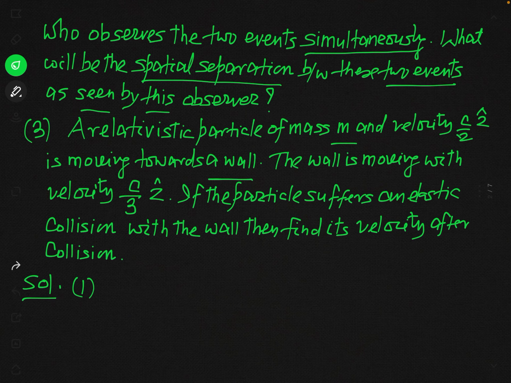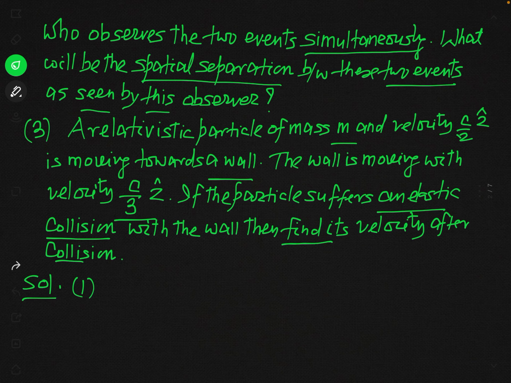The wall is moving with a velocity c over 3 z hat. The wall is also moving; this is not a stationary wall. If the particle suffers an elastic collision with the wall, then find its velocity after collision.